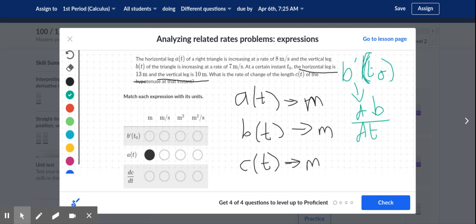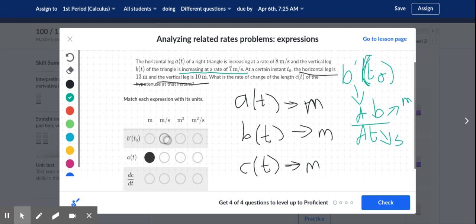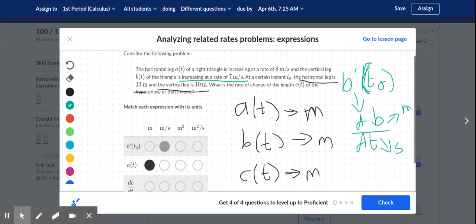Right? So this was already in meters, and this is already in seconds. So it's talking about the rate of change of B based off time, and they tell me that right here. It's increasing at a rate of 7 meters per second. So I know for that one, I'm going to have to opt right there.